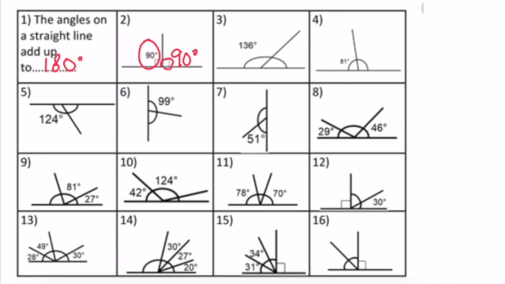Okay, let's look at number 3. Press pause, then we'll do it together. Okay, for number 3, you have a missing angle and then you've got 136 degrees. So all we're going to do is 180, because we know that all of this is 180.